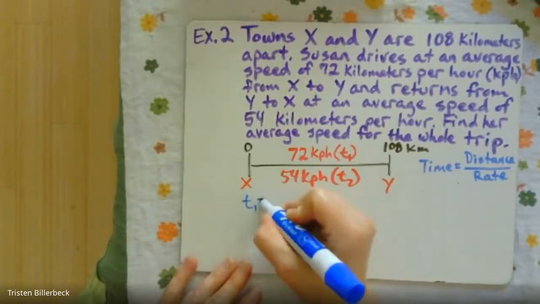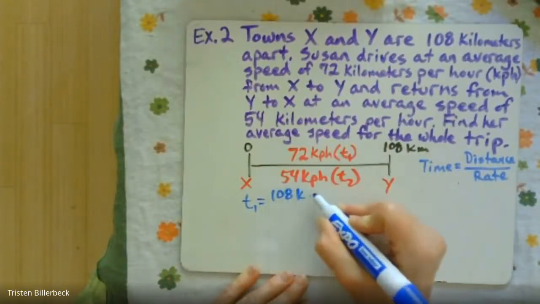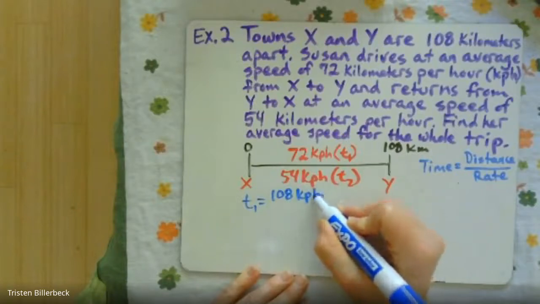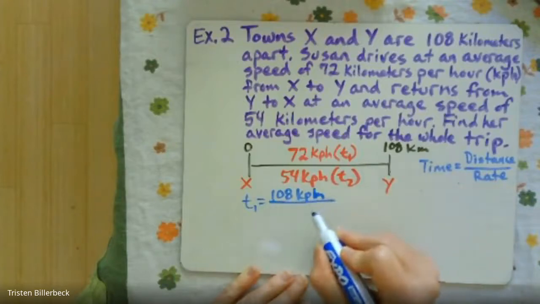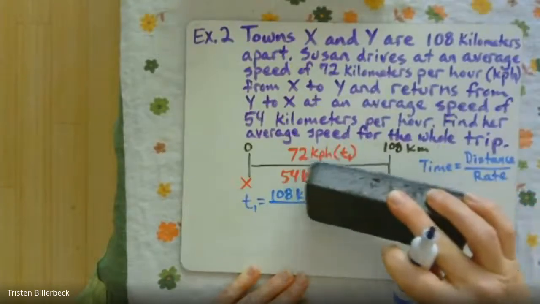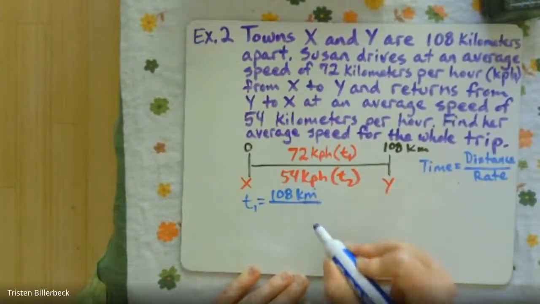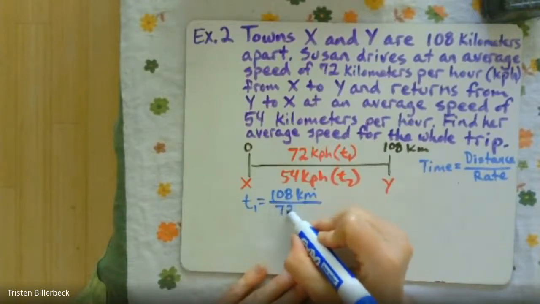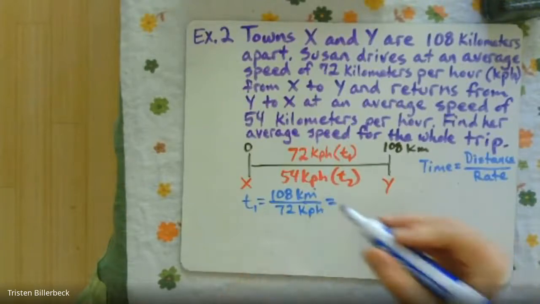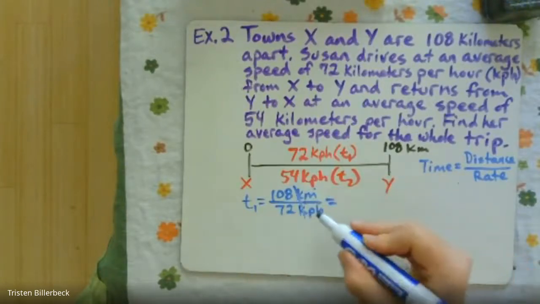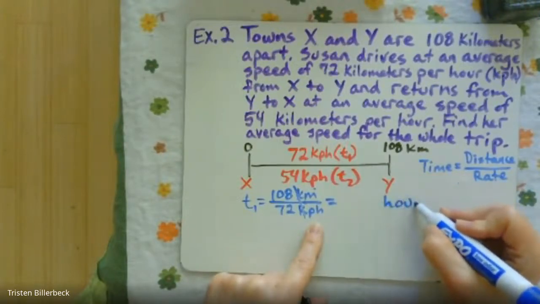The distance was 108 kilometers, and the speed was 72 kilometers per hour. Okay, so the kilometers are going to cancel, and the hours are in the denominator, so we're going to end with hours over here.